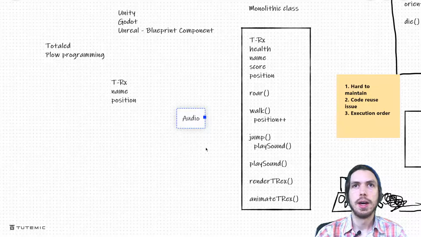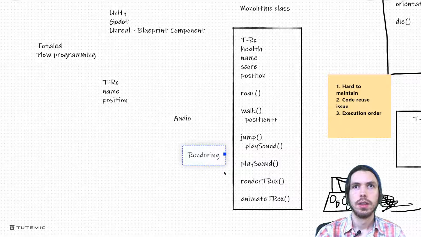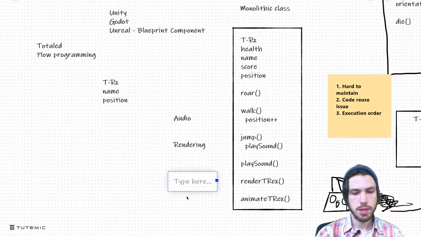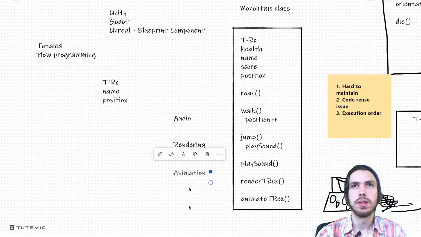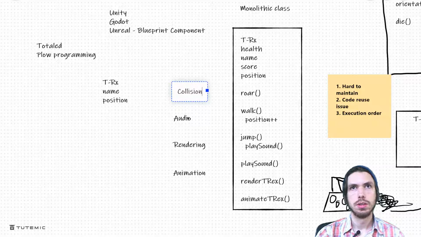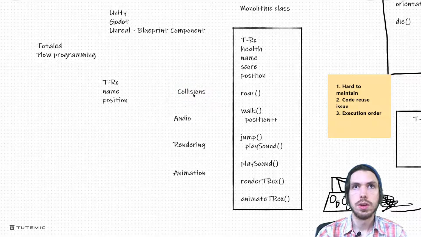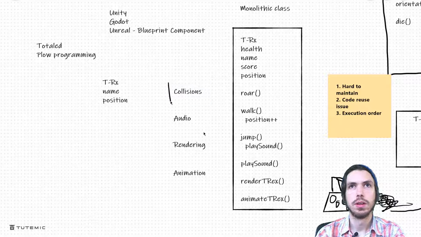And then we also have our rendering, and perhaps animation is a separate component altogether. And audio usually doesn't have to know anything about collisions. So these are all different components, let's say, and let's attempt to draw rectangles here.